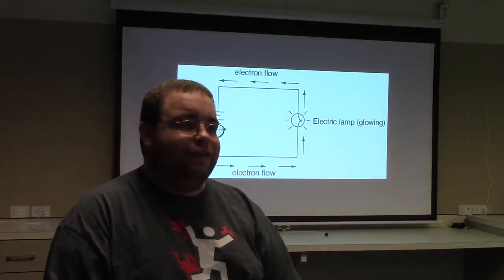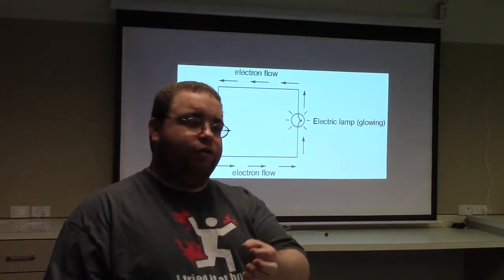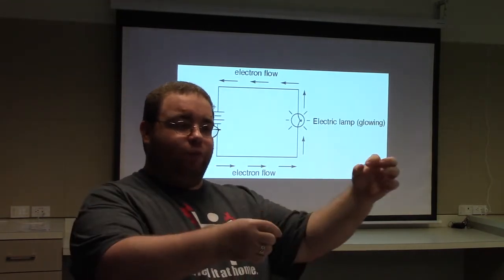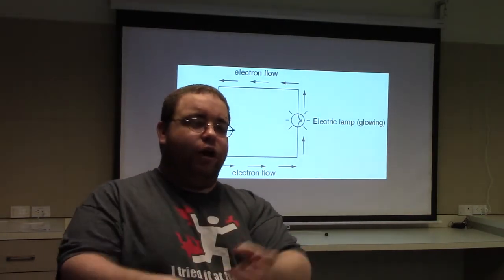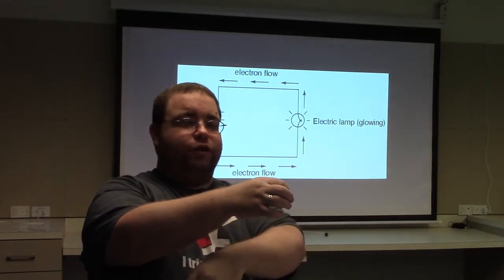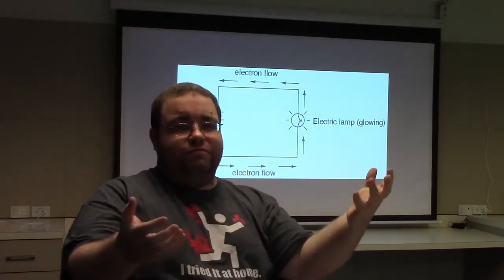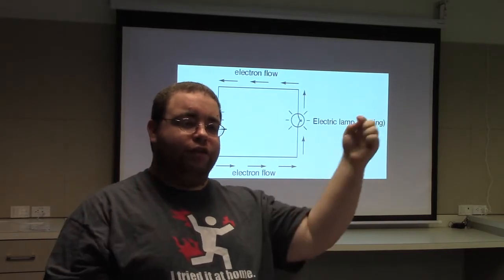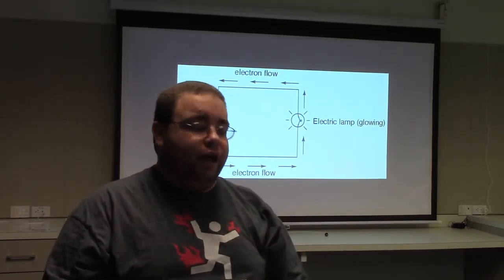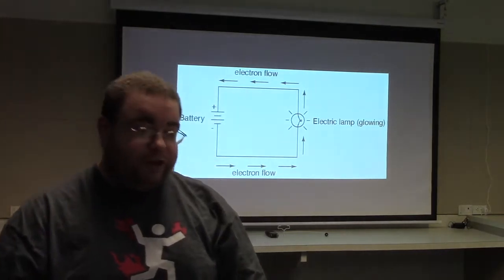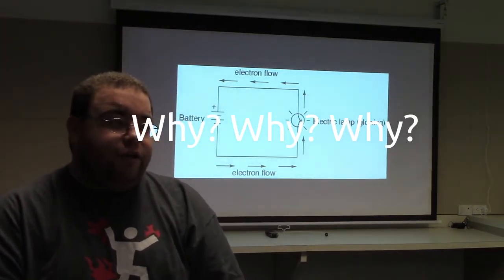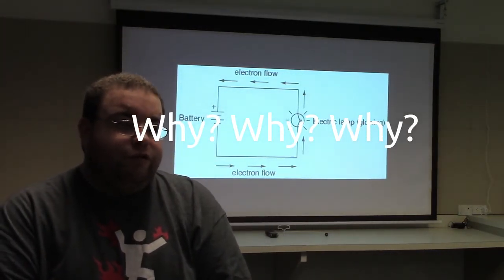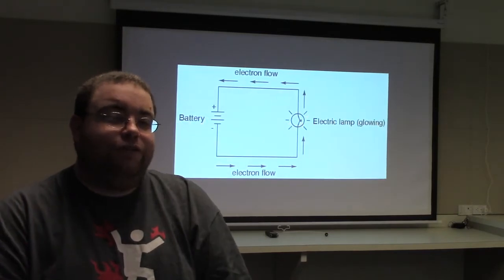I tend to think of it as like when you put water through a straw, you might see bubbles moving the other direction. You know that actually the water is moving, but the bubbles appear to be going the other way. Think of the positive charges as the bubbles where there are no electrons traveling the other direction. It's confusing. You're going to get turned around. It's because of a mistake that someone made about 300 years ago, and it's never going to be fixed.